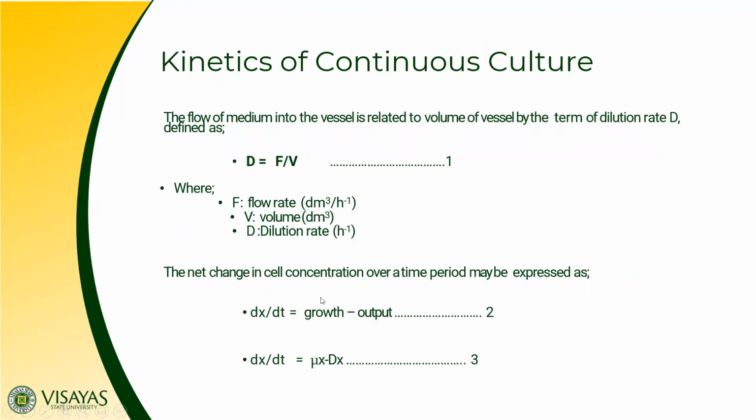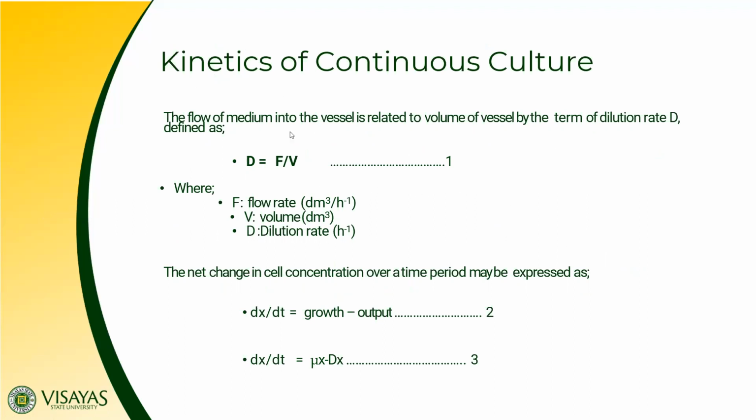So this is now the kinetics of the continuous culture. Okay, as you can see, if we want to put it into an equation, the flow of the medium into the vessel is related to the volume of the vessel by the term dilution rate.